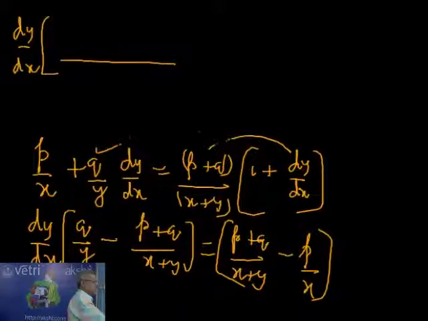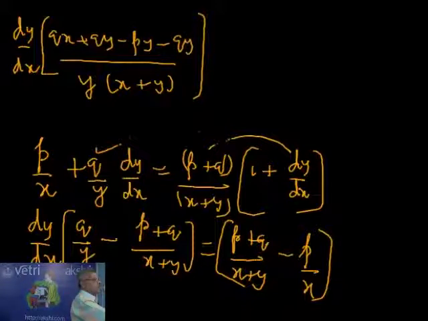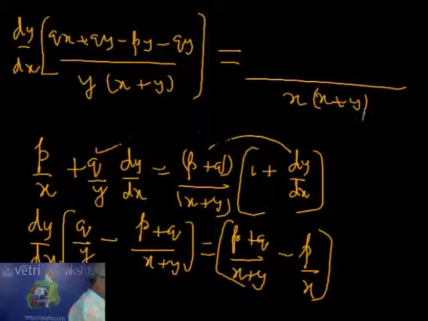Now dy by dx times, taking y into (x plus y) as LCM on the left hand side, qx plus qy minus y times (p plus q), so minus py minus qy, is equal to, on the right hand side, x into (x plus y) taken as LCM, we get px plus qx minus px minus py.